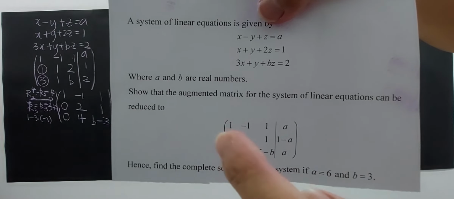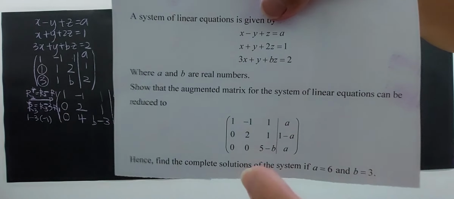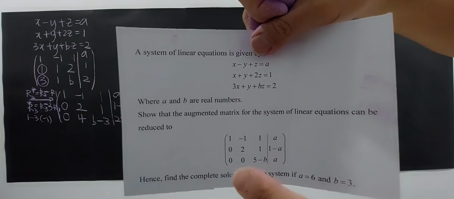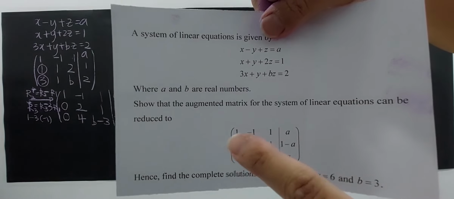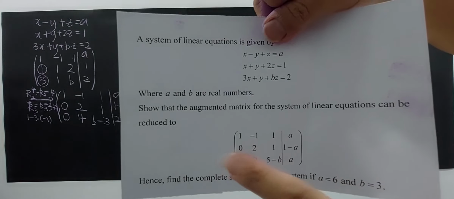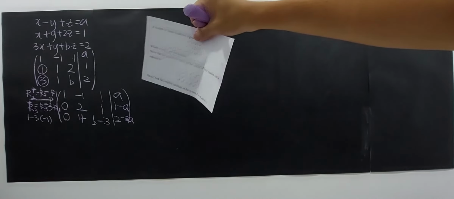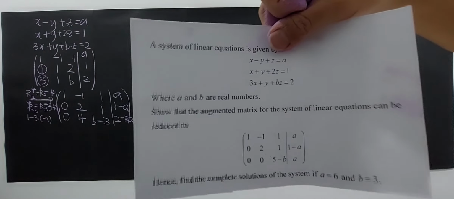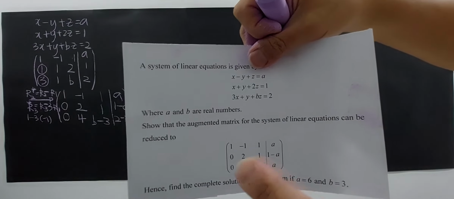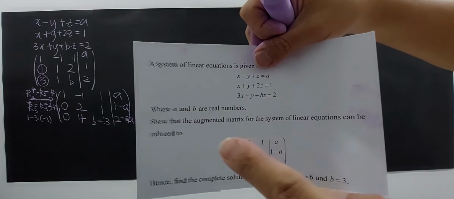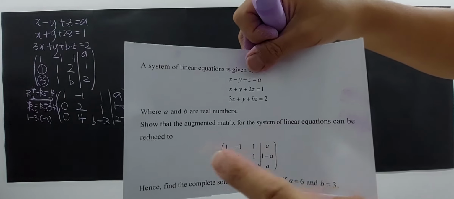Later on, from this form reduced to this form, the first row and the second row are already the same: 1, negative 1, 1, a, and 0, 2, 1, 1 minus a. So I'm not going to do an elementary operation for the first and the second row.